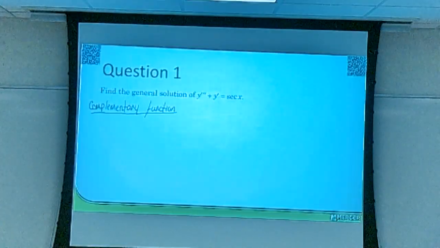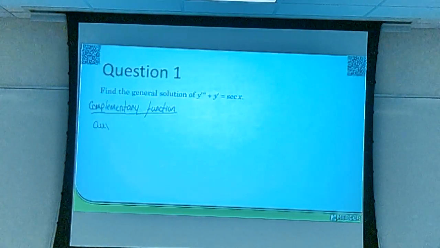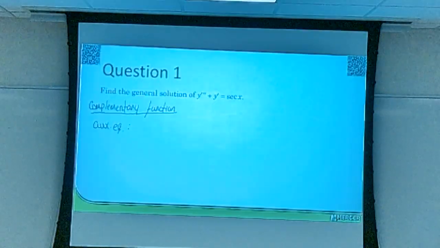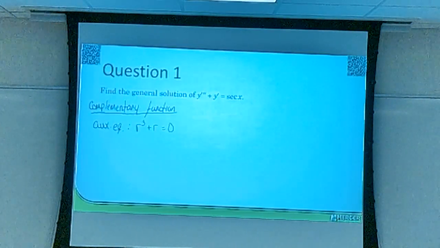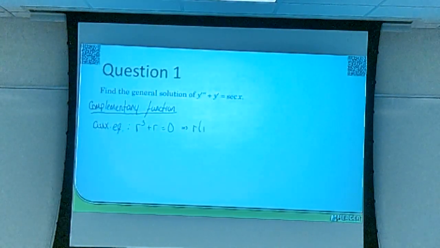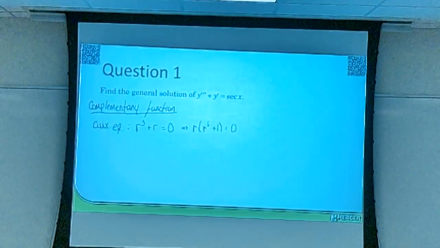Step one is always to find your complementary function. First, the auxiliary equation. We spent two normal classes solving homogeneous equations. What's the auxiliary equation for this differential equation? This one is a very simple solve.